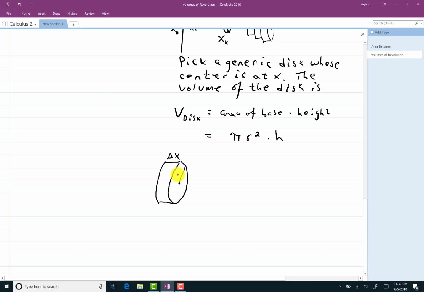So r is 1/3 x sub k, because y equals 1/3 x. That gives you the radius. That's actually the height, if you will, of the disk. So V disk equals pi times 1/3 x sub k squared, and the height was delta x.